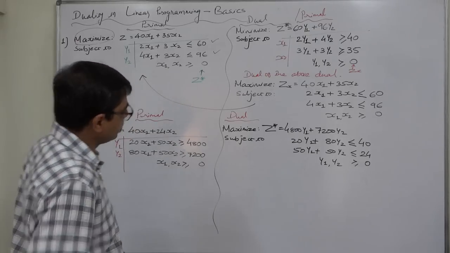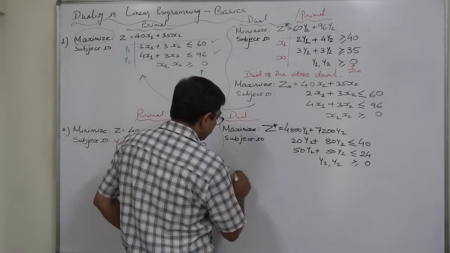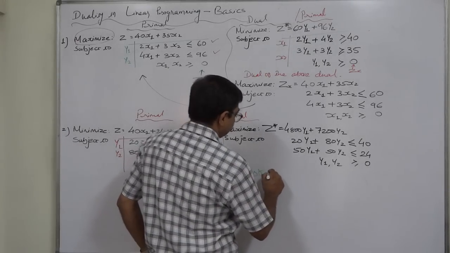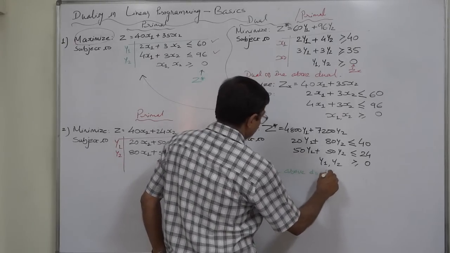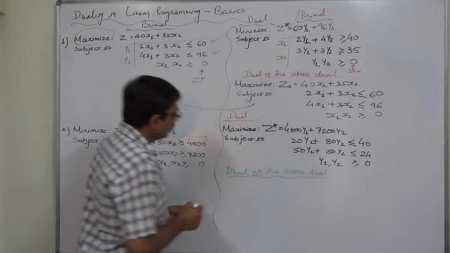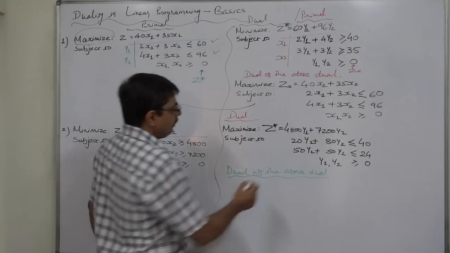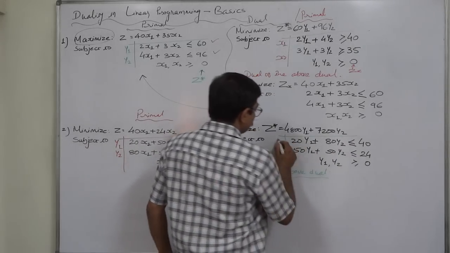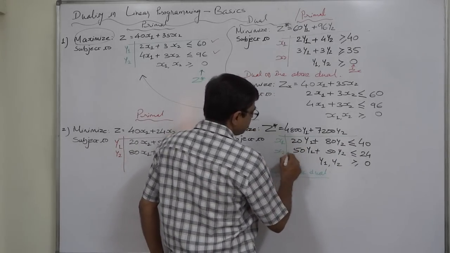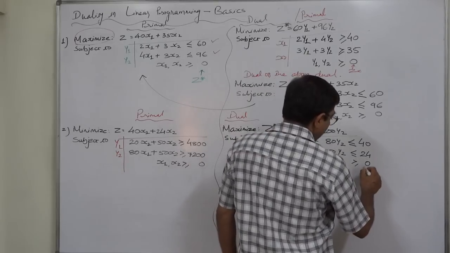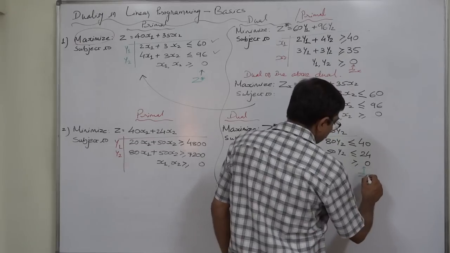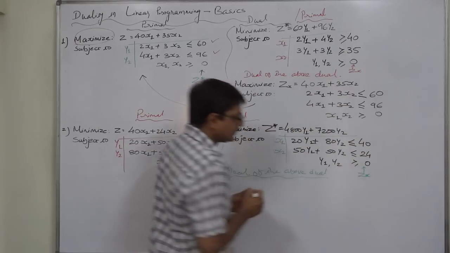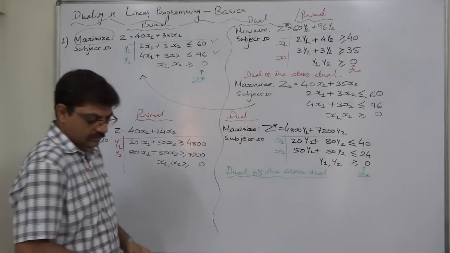Again, let us write the dual of the dual. What is going to happen? We have two constraints, so we will now have two variables. The right hand side values of the constraints will now be the coefficients in the z function or objective function.